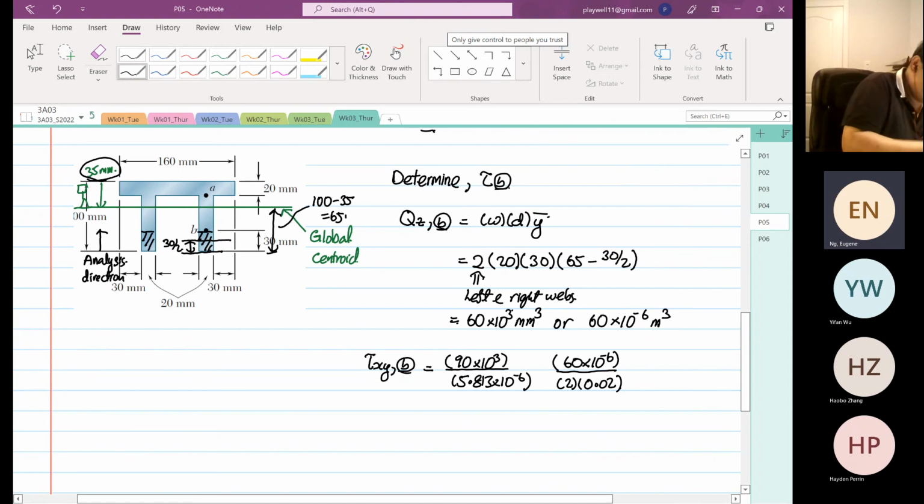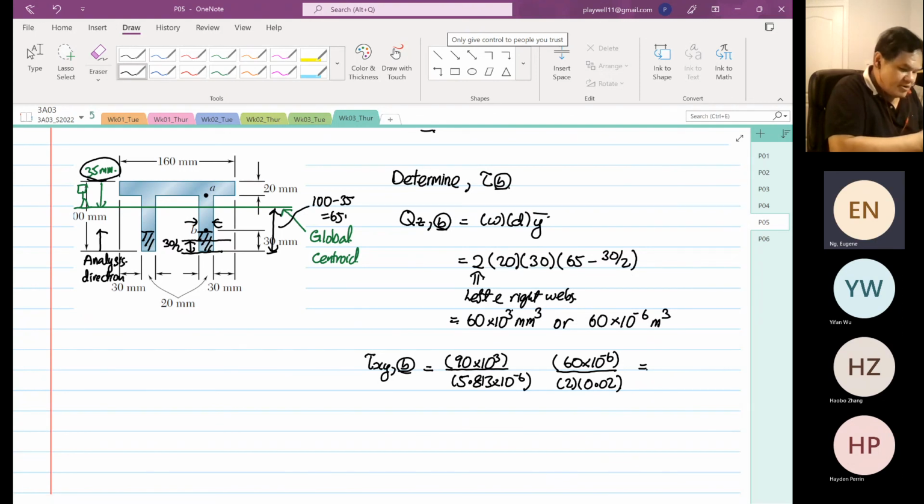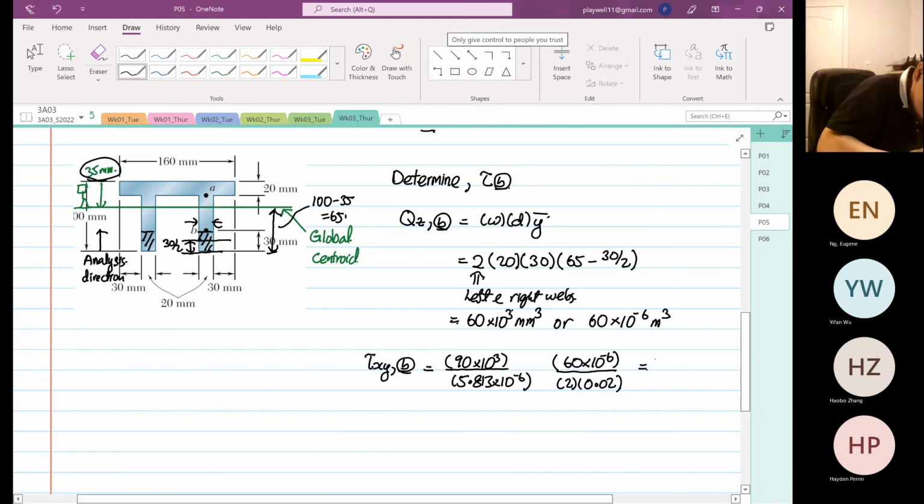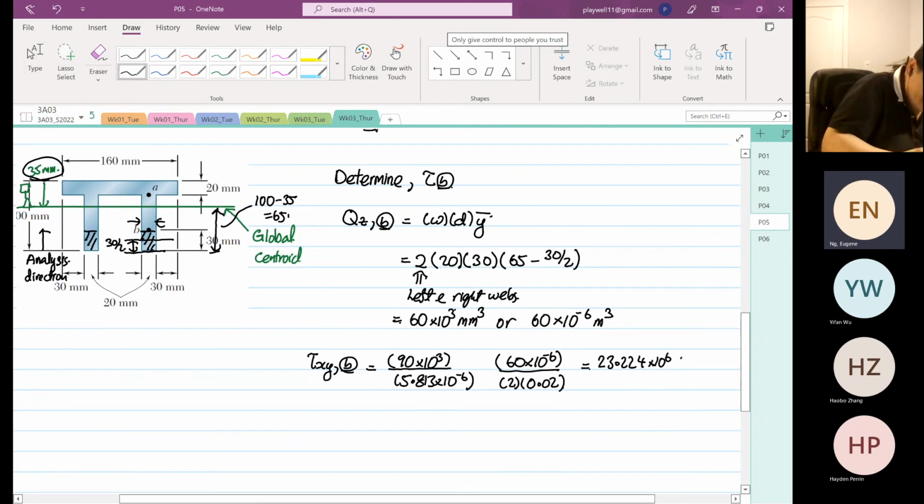This is straightforward because at B the thickness is definitely 20 millimeters. It's not difficult at all. So this will be equal to 90 × 10^3 times 60 × 10^-6 divided by 5.813 × 10^-6, divided by 2 divided by 0.02, which is equal to 23.223 times 10^6 Pascal.